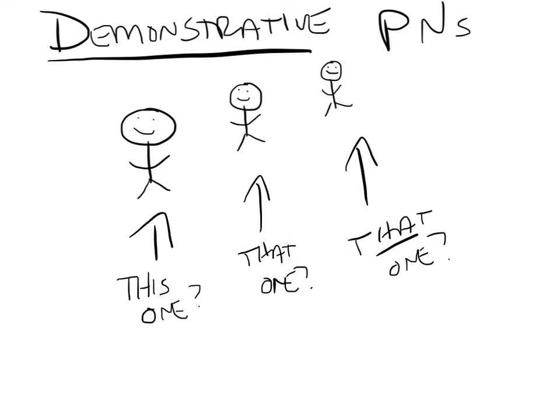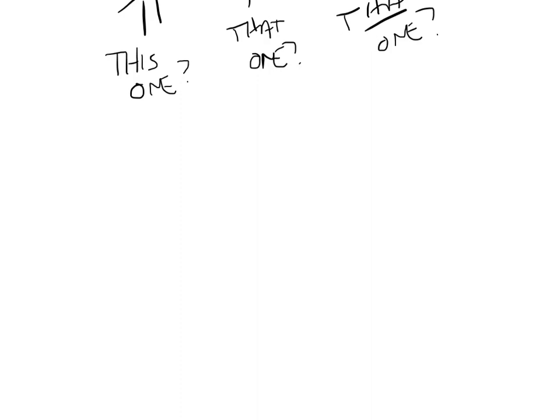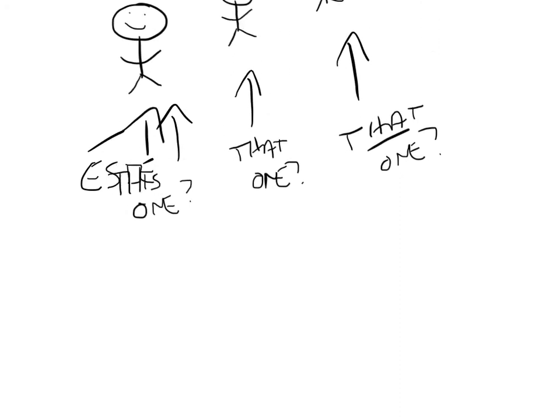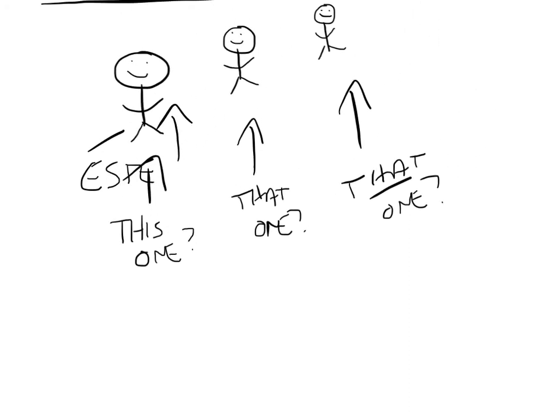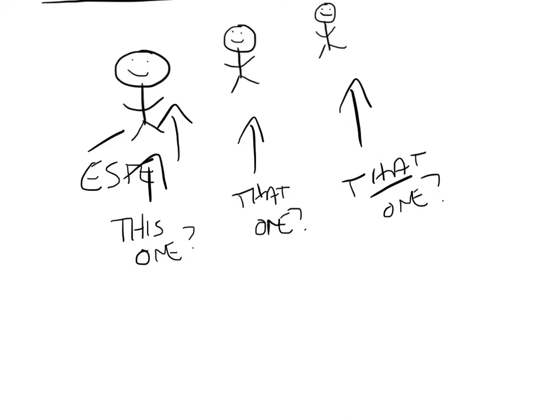So, how am I going to say that in Spanish? Well, it's very easy. All you have to do is take the ones that I've already shown you and add an accent mark. It's just that easy. So all I would say is, ¿Cuál de estos te gusta? Este. Let me bring these guys back down again. Este. Ese.